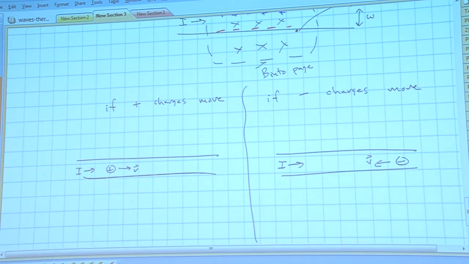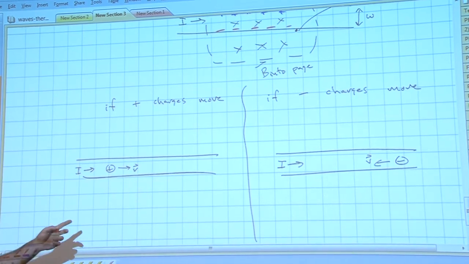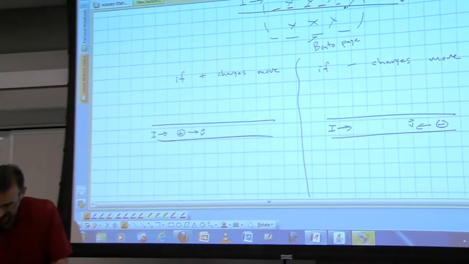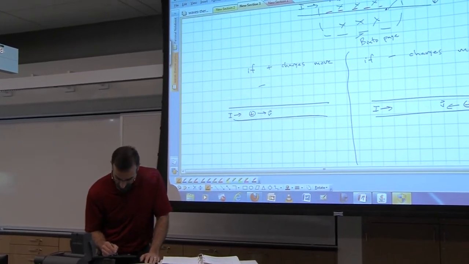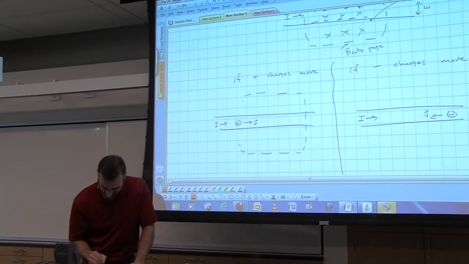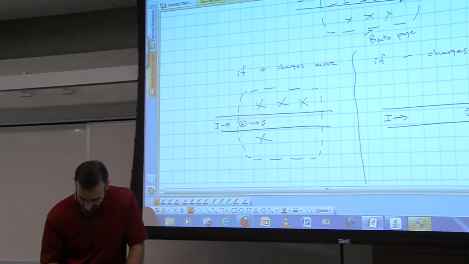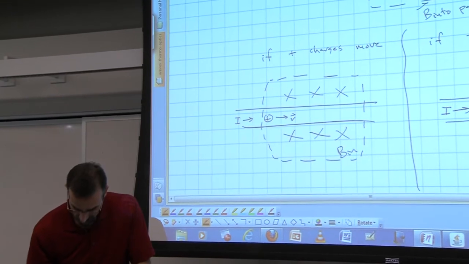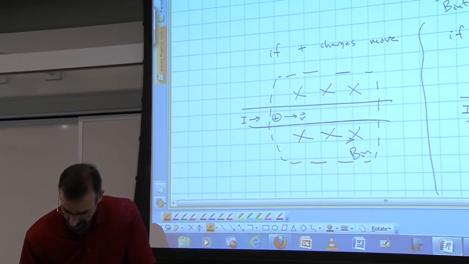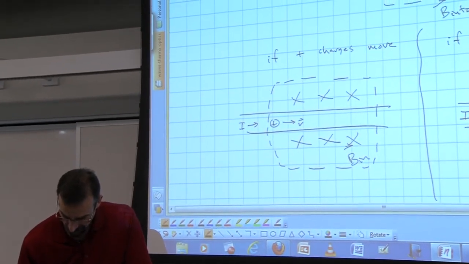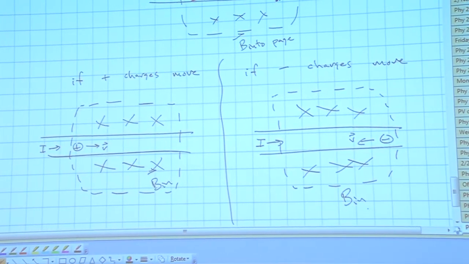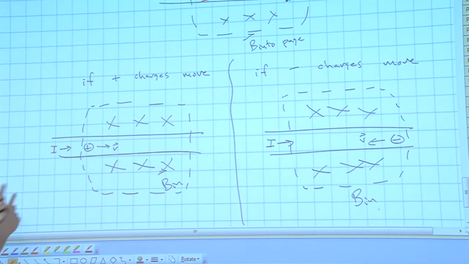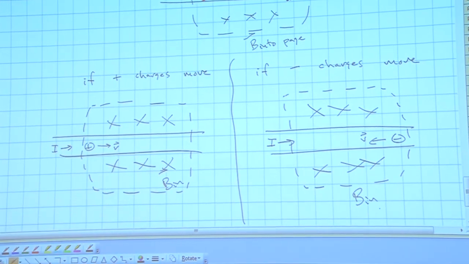There's a couple of interesting experiments. This is actually the third way we can tell which charges move. So we're in a magnetic field. What happens to that positive charge moving to the right with the magnetic field into the board?